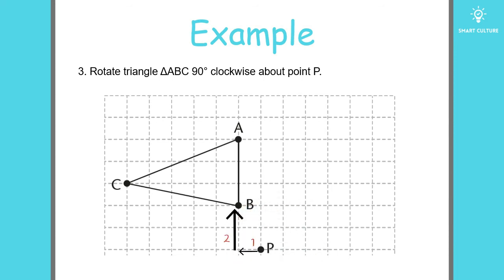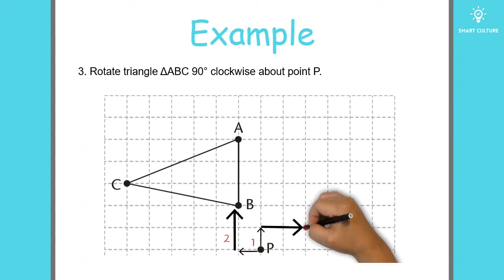So as you can see, B is 1 unit to the left and 2 units above point P. Now let's rotate it by 90 degrees. So this will be the image of point B.